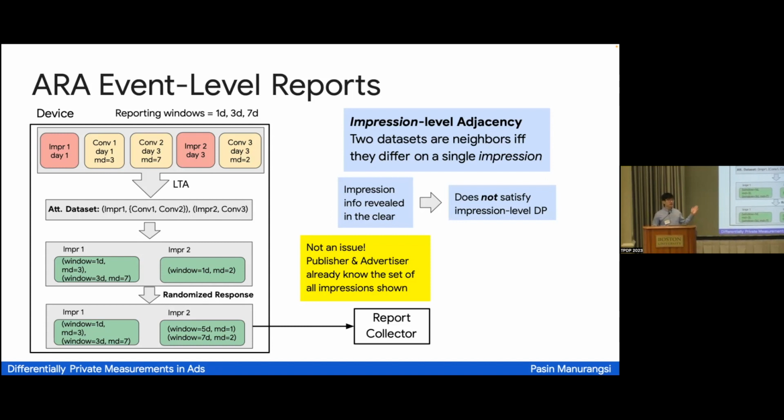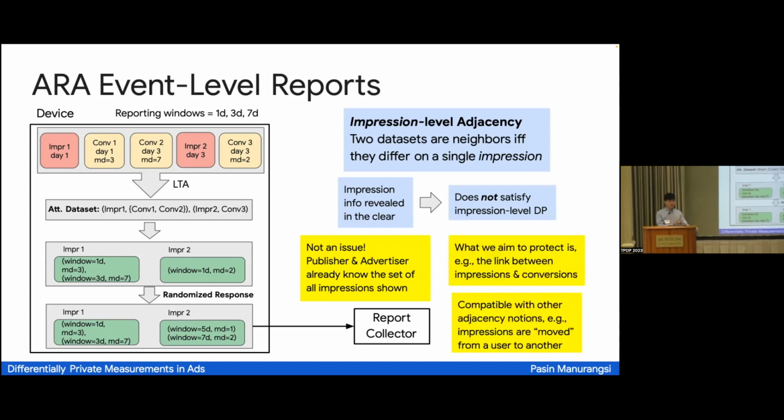In this case, it doesn't seem like this is an issue, because the publisher and the advertiser are the ones serving the ads to you. So they already know the set of all impressions, and you shouldn't be able to change the impression arbitrarily from one to the other. Perhaps a better notion of differential privacy here would be to allow you to move an impression from one user to another user.